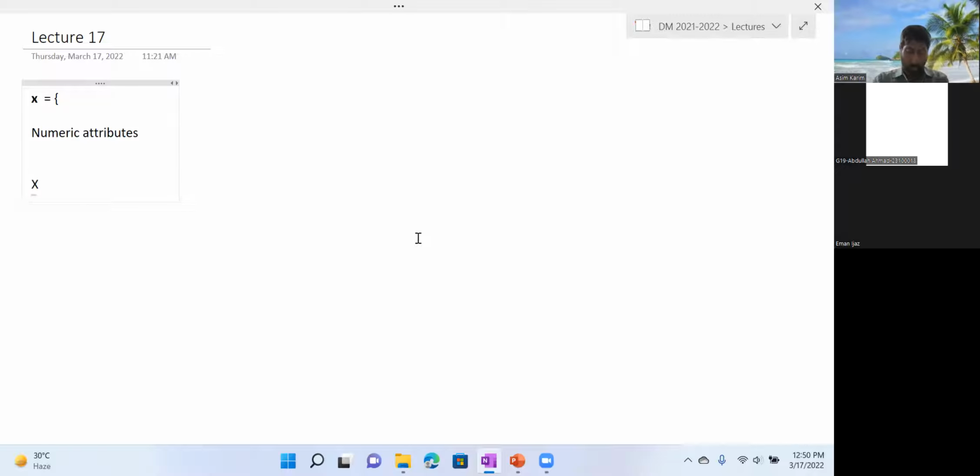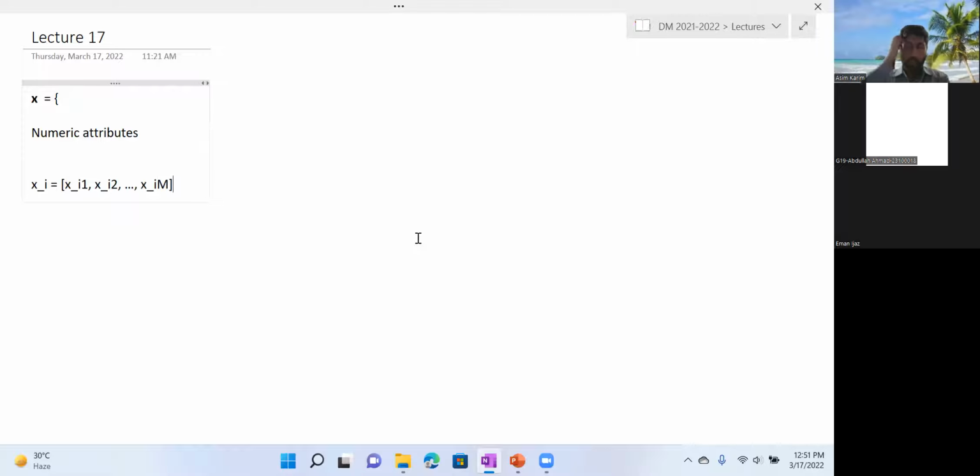Let me go down here. x is equal to the small, not bold, x_i. Of course, this is a vector x_i1, x_i2, to x_im.